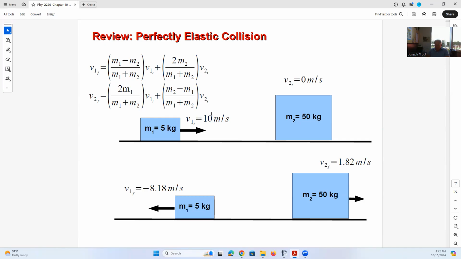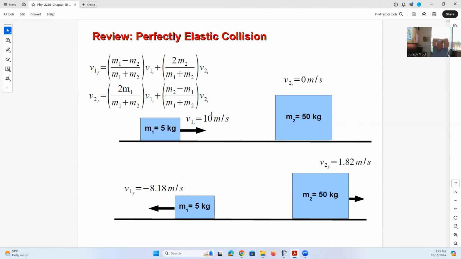So that was minus 45 divided by 50 times 10. And I'm sorry, minus 45 divided by 55 times 10, which is 8.18 meters per second. And it's going off in the negative direction.